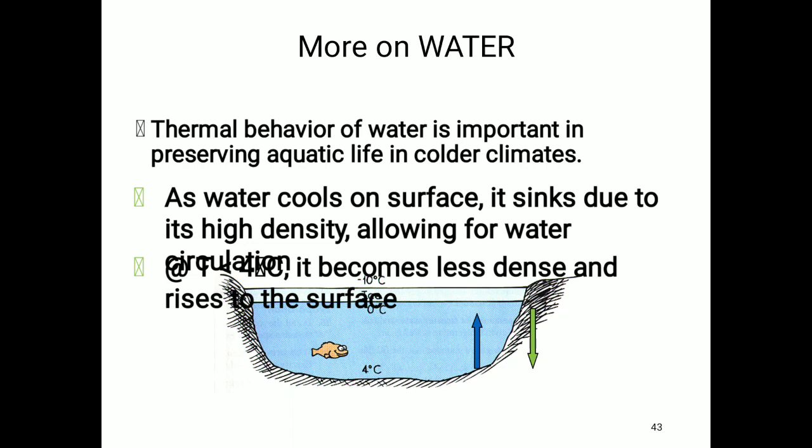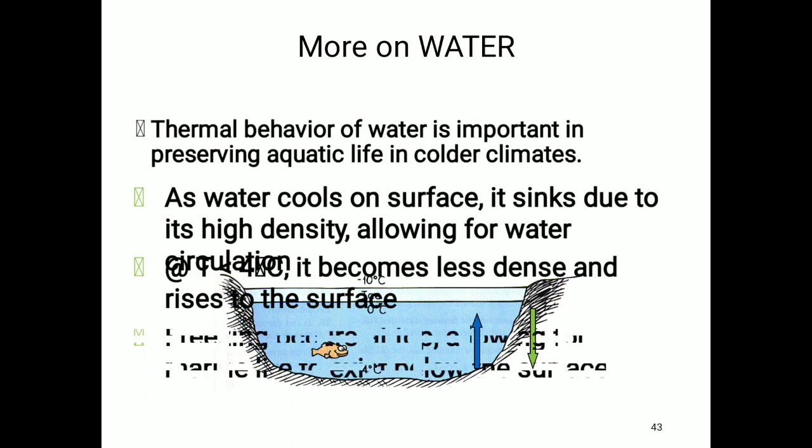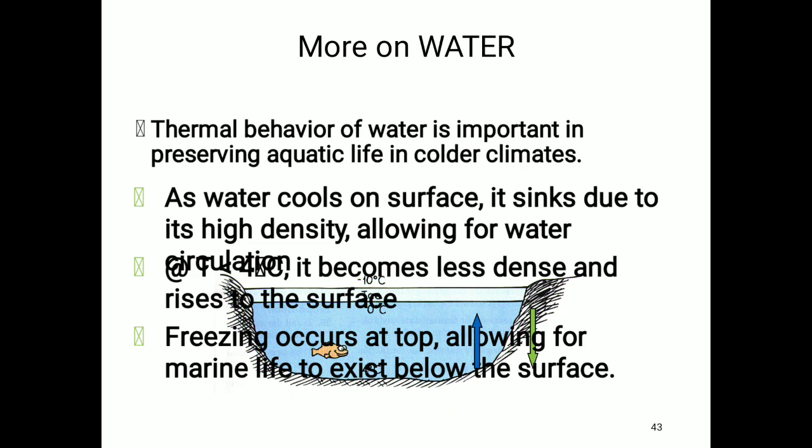Now, at less than or equal to 4 degrees centigrade, it becomes less dense and rises to the surface. So, freezing occurs at the top, allowing for marine life to exist below the surface.